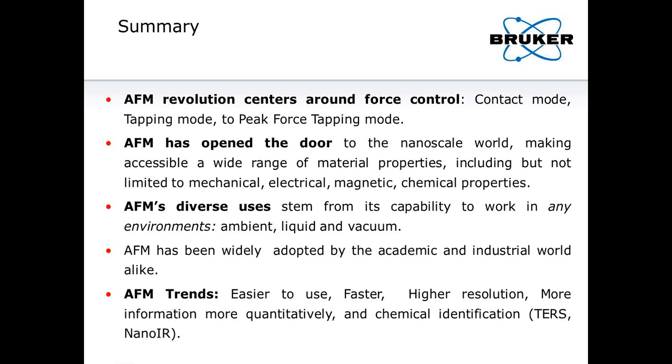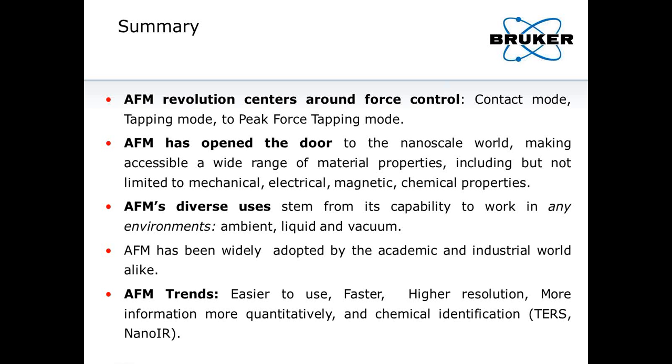I want to point out that when you do that in air, there will usually be a water layer on the sample, and the resolution is determined by the contact area. Although the tip-sample contact area may be 1 nanometer, the water layer is conductive, which makes the effective electrical radius bigger, so you can only reach, for example, 20 nanometer resolution.